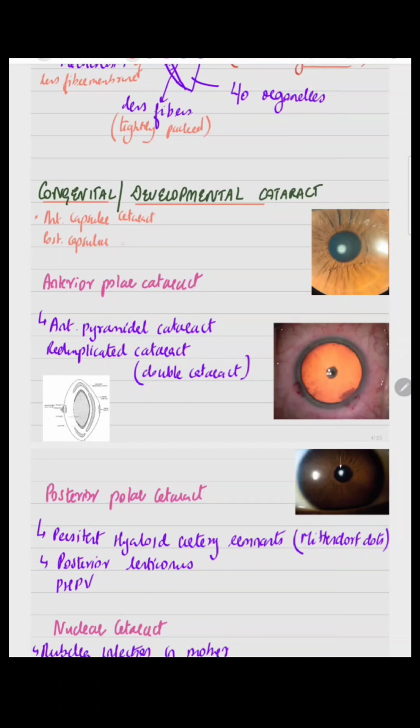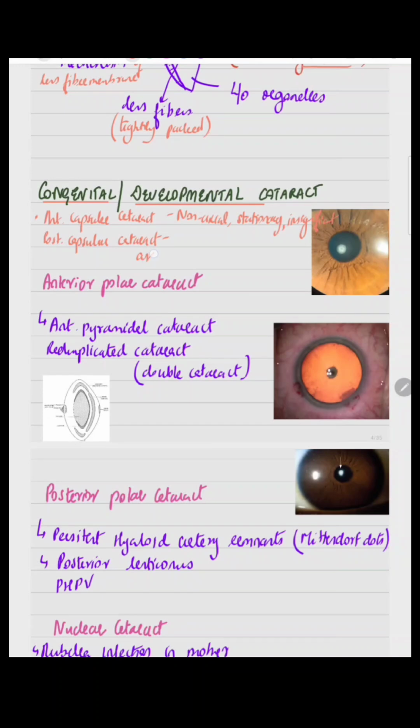Anterior capsular cataract is non-axial, stationary, and visually insignificant.